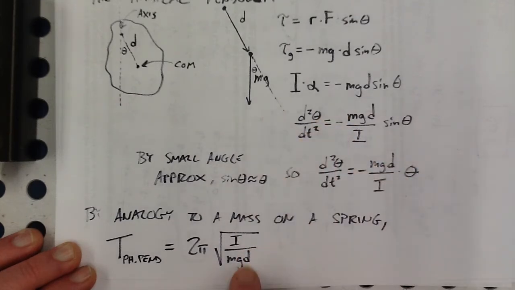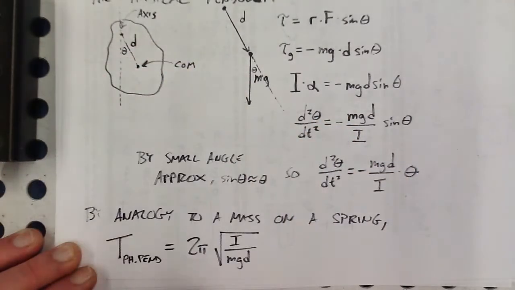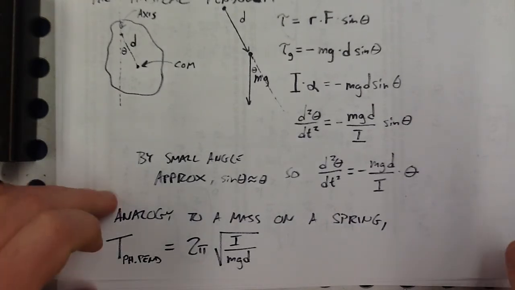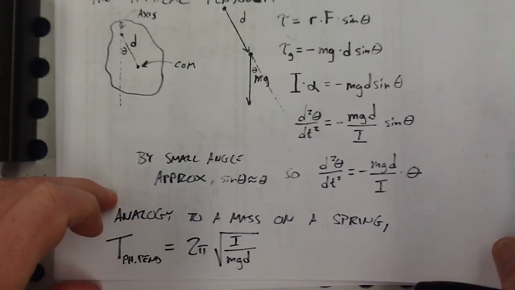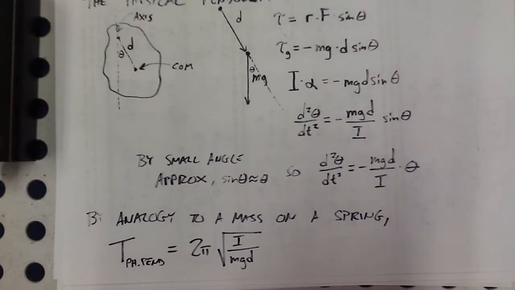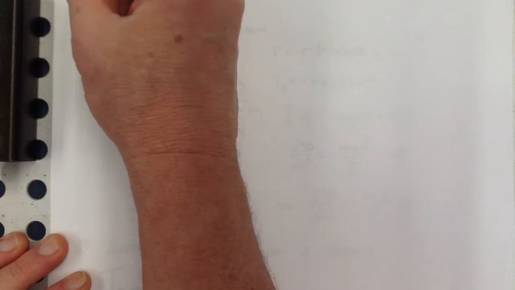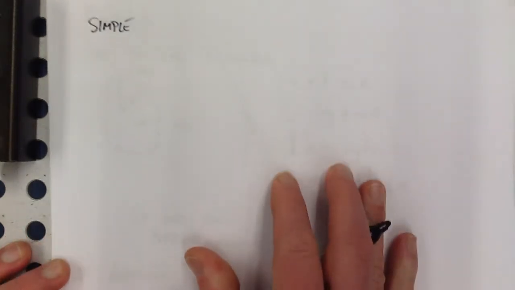And what does that d stand for? That is the distance from the axis to the center of mass. How about that? Pretty cool, huh? If that is a physical pendulum, what about the so-called simple pendulum?